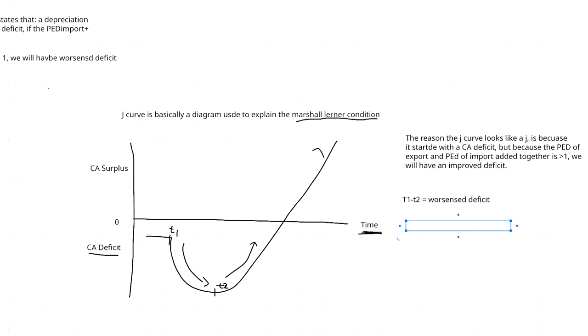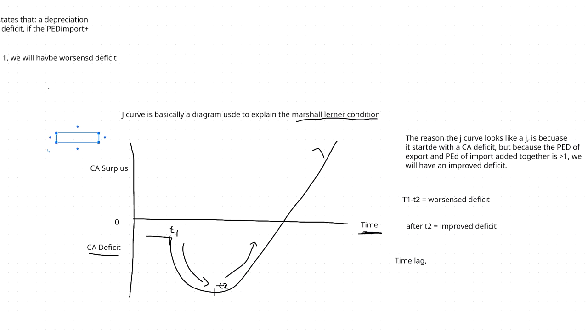So why is that? From T1 to T2, the problem is that we have a time lag. Remember, this is all caused by depreciation. We started with depreciation.